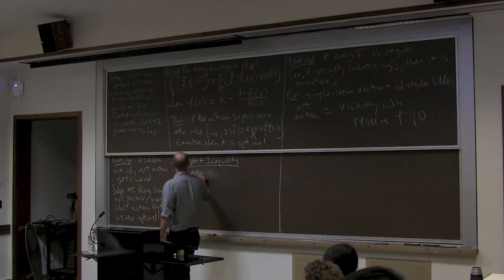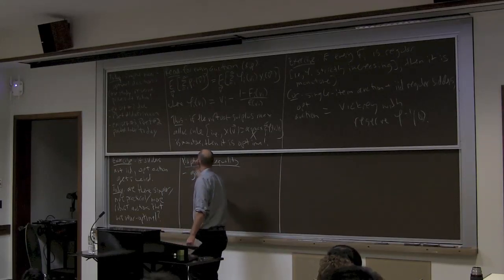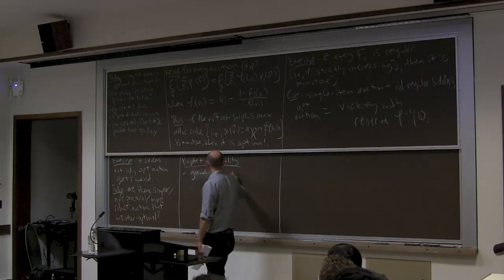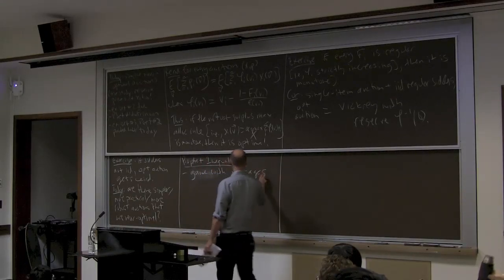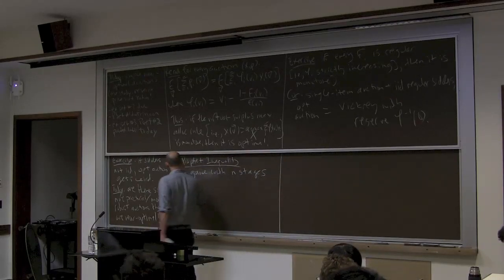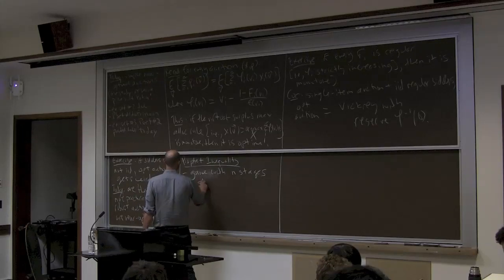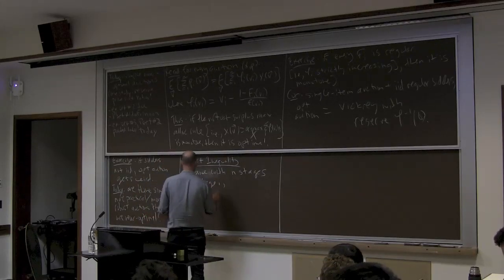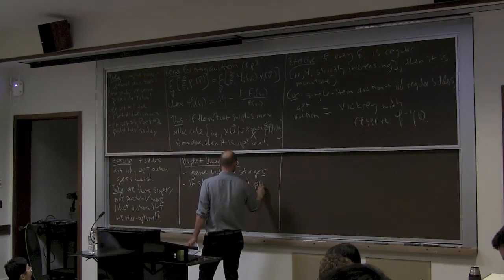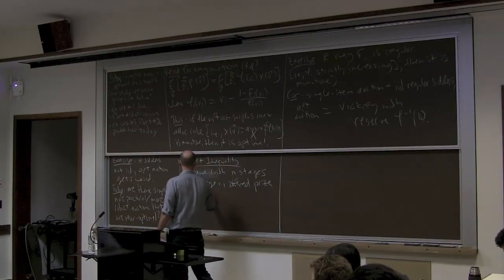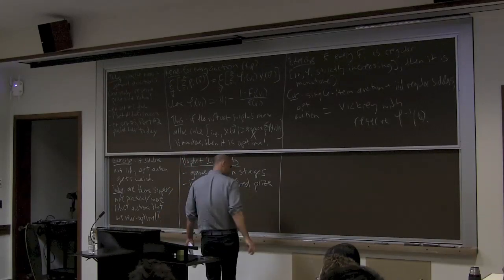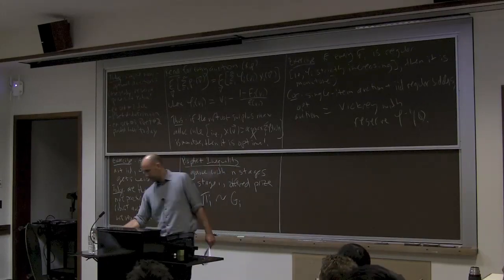So here's the setup. There's one person playing a game, and the game iterates through n stages. In stage i, you will be offered a prize with some value. I'm going to use pi_i for the value of the prize.